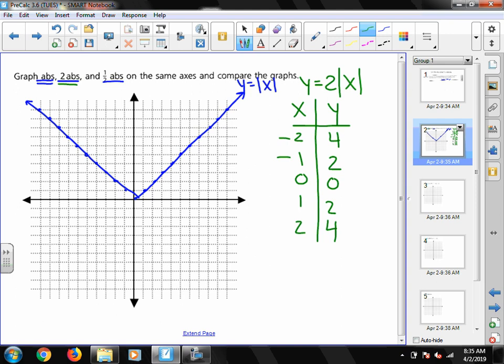So now I'm still at 0, 0. But I'm going to plot 1, 2, and 2, 4, and keep going here, 3, 6, 4, 8, 5, 10.